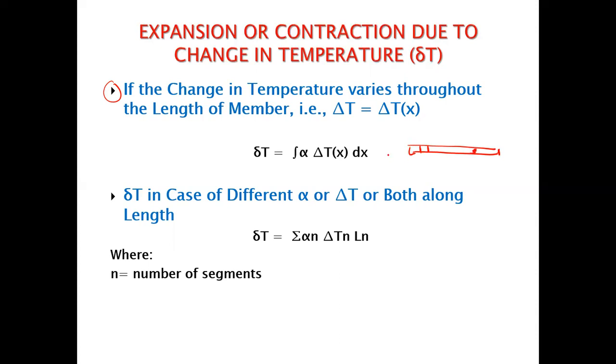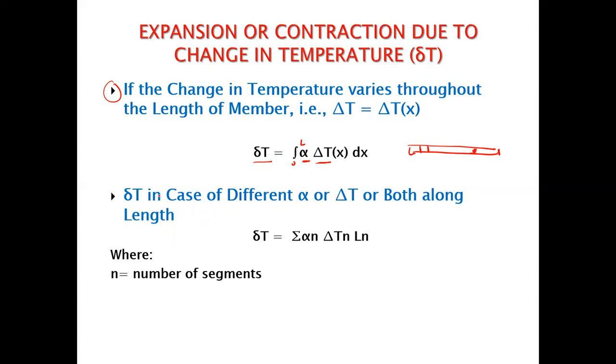So we will take the integral with respect to x. Alpha is a constant coefficient, delta T is the change from initial to final temperature, and the length is represented by dx, with limits of 0 to L. This is for the case of different alpha and delta T, or both, along the length.